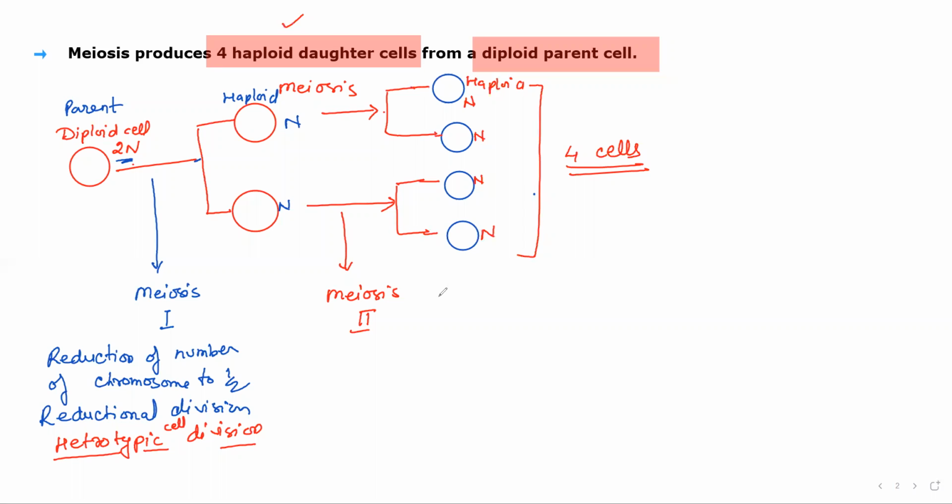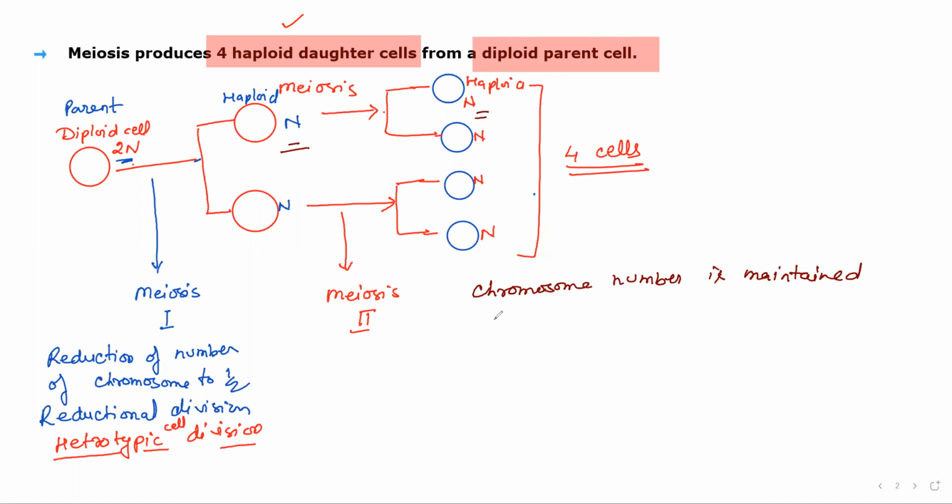After meiosis 2, you can see that the chromosome number is maintained. Here also n number, here also n number.